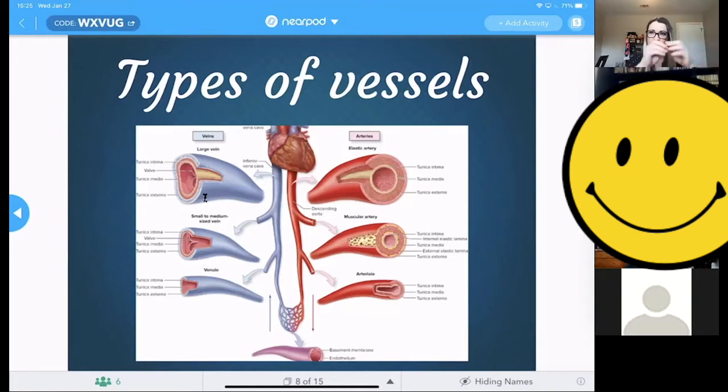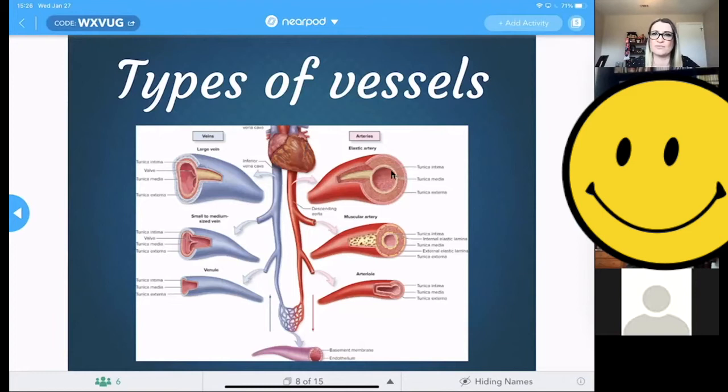But by the time the vessels branch into the smallest arterioles, right before the capillaries, you will only see the endothelium, basement membrane, and a single layer of smooth muscle. And we will see that when we look at the capillary exchange in a moment. Okay. So the largest arterioles have all three tunics, but the smallest ones only have the endothelium, basement membrane, and single layer of smooth muscle.